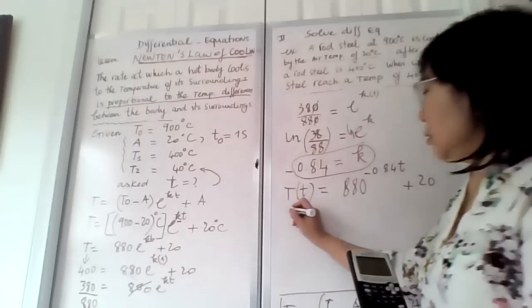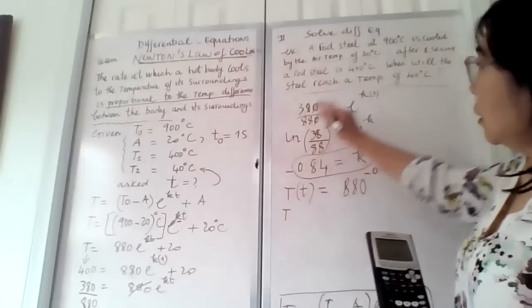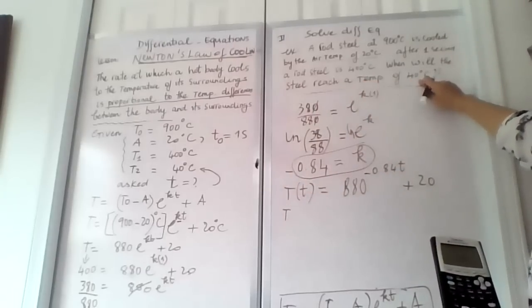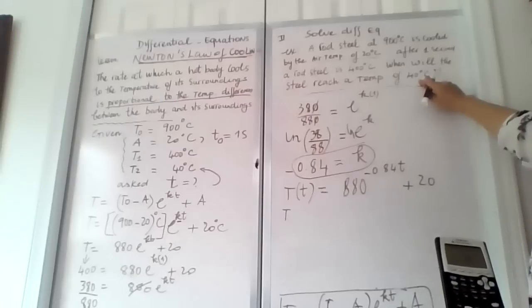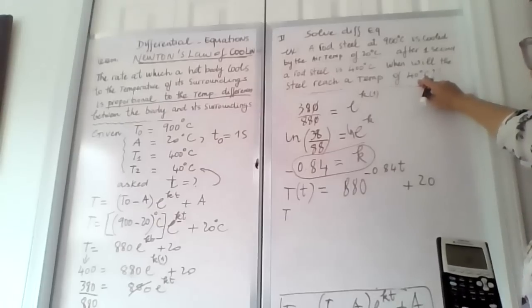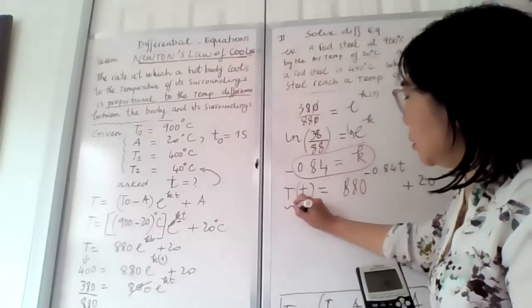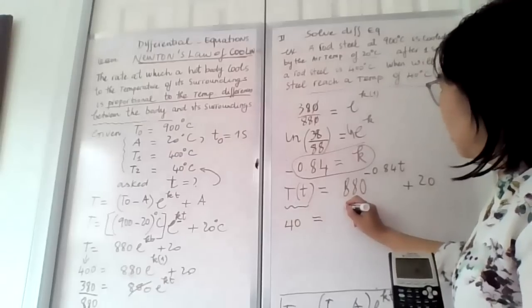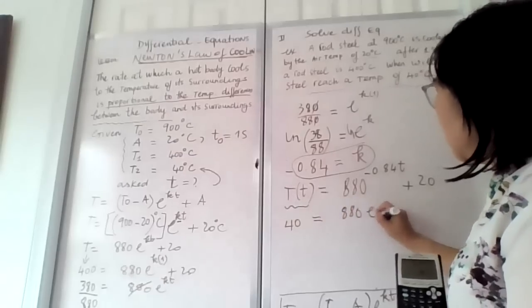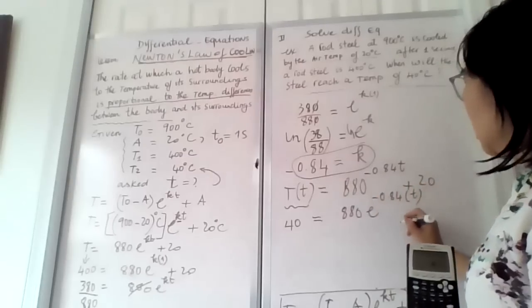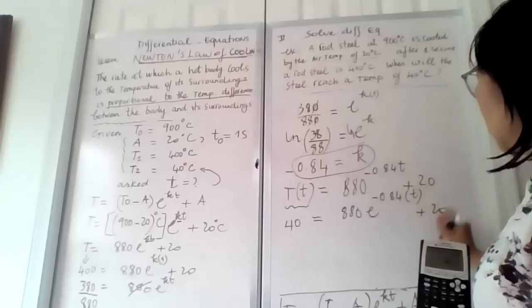Good, so let's figure out how long the rod of steel will take to reach a temperature of 40 degrees C. So we can substitute this by 40, equal to 880 e^(-0.84t) plus 20.